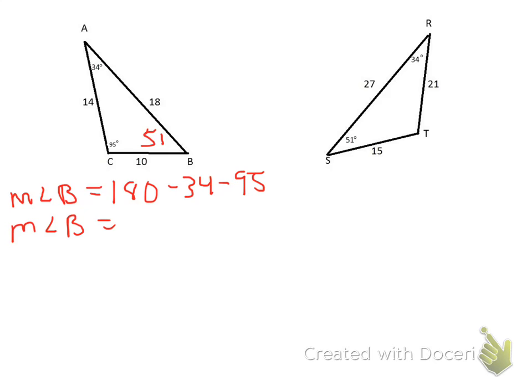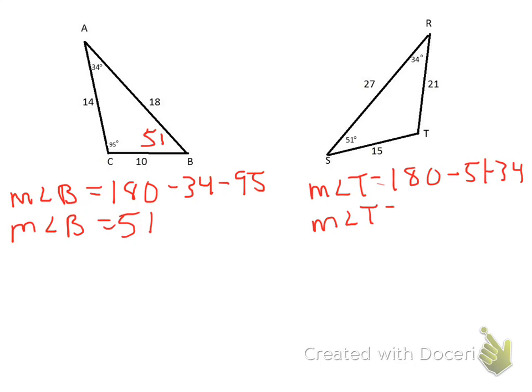In the other triangle, we need to get the measure of angle T. Well, the measure of angle T would be 180 minus 51 minus 34. Well, that makes the measure of angle T 95 degrees.